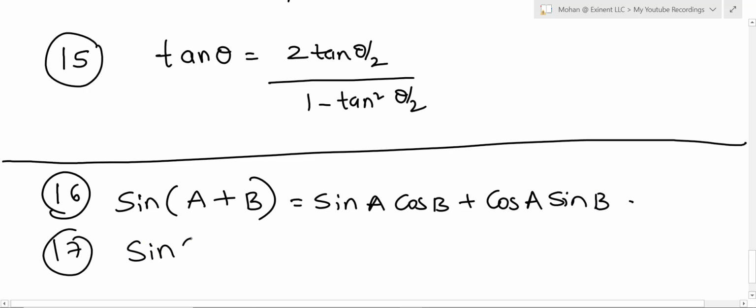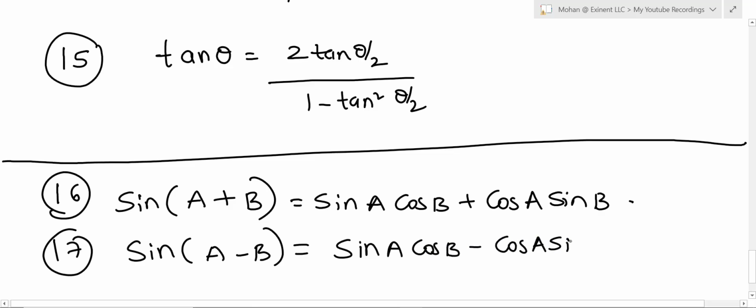How about sine of A minus B? That will become, instead of plus, minus will come. That is sine A cos B minus cos A sine B.